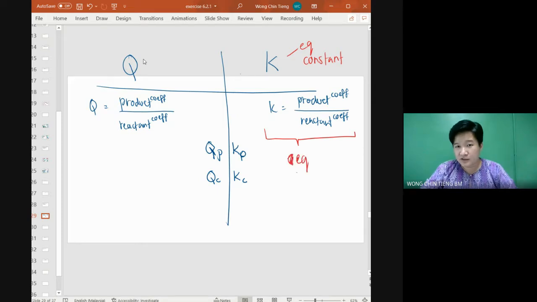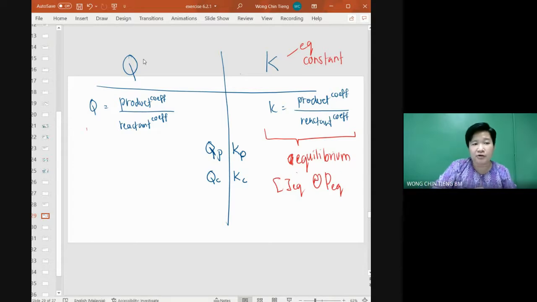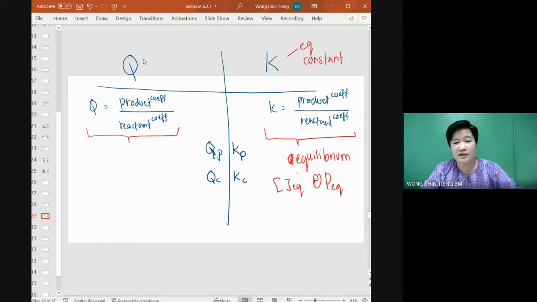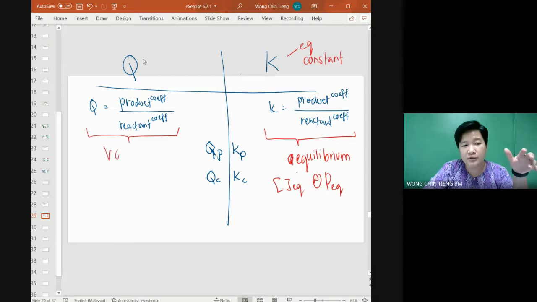Right? All the values you put there must be equilibrium concentration or equilibrium pressure. But how about your Q? Even though the formula is the same, what makes it different is the value that you put into your Q.